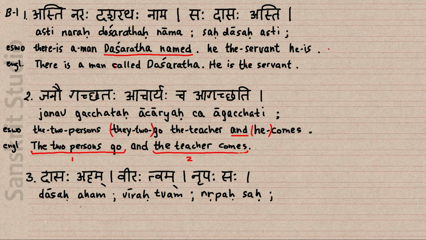And all of these three sentences are nominative. They are nominative, that's for sure, because dasaha, the ending H here, is a nominative ending for singular.